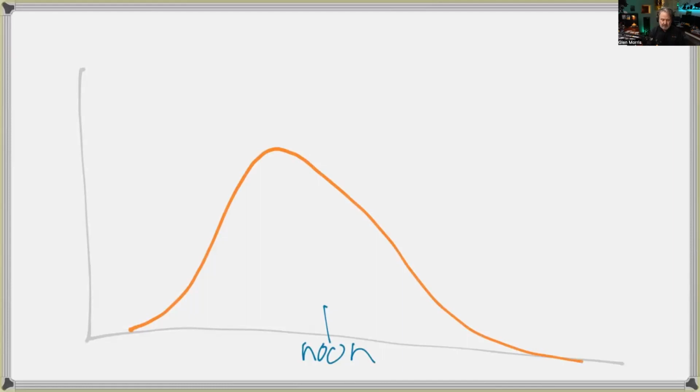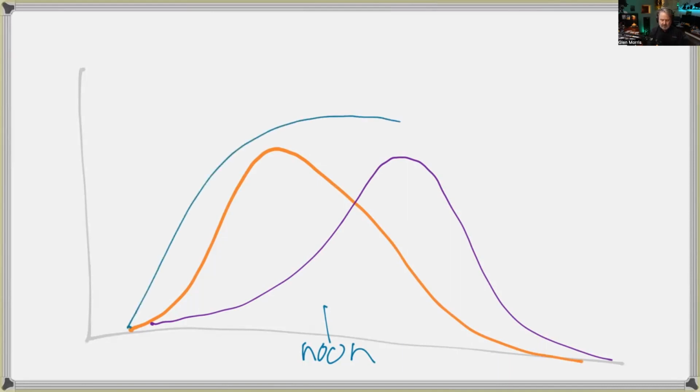The west-facing panels are going to peak in the afternoon and tail off later. So you've got two peaks, but it's the sum of those two areas that you've calculated the production of the east and you've calculated the production of the west, and you add them together, and so you're going to get an overall much flatter generation profile.